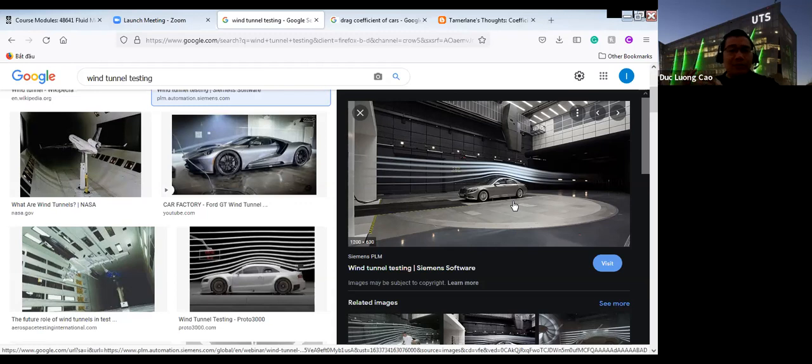So the shape of the Formula 1 car is very important, and they use the wind tunnel to test the effects of fluid flow on Formula 1 cars before they build them.